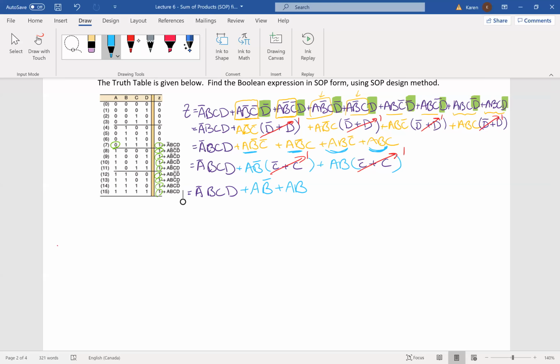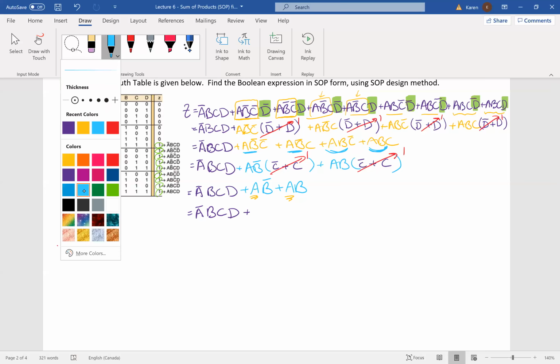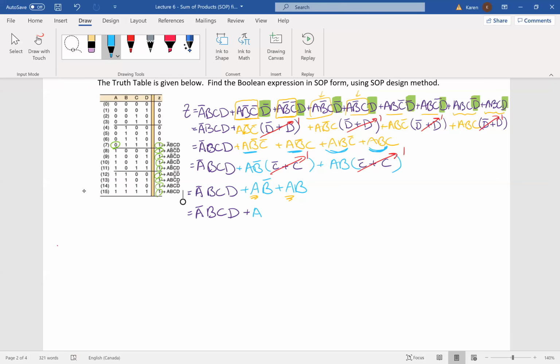Here again, I can recognize that I have this B bar plus B if I factor out A. Here I can factor out the A's and be left with B bar or B, which conveniently helps us in exactly the same manner as we have been doing this whole example problem.